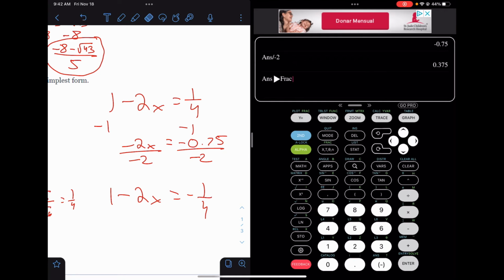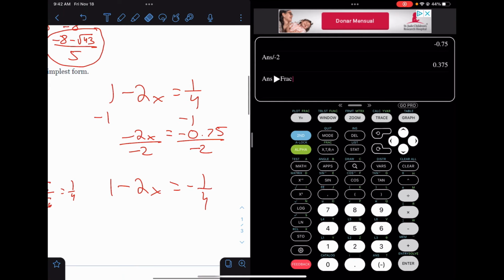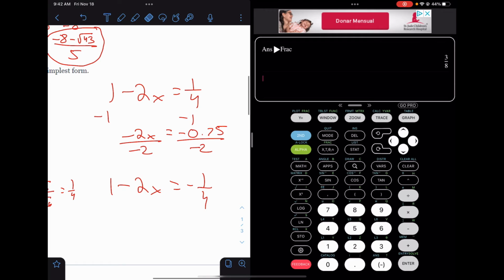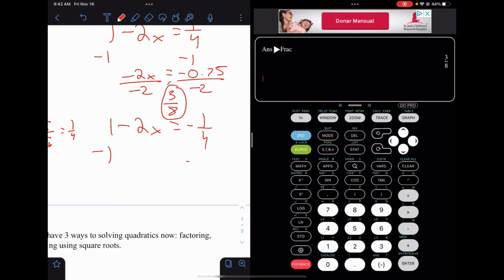All right, so now at this point we're doing 0.75 divided by negative 2. We can turn that into a fraction and we get 3/8 as our answer. All right, so that's one of our solutions, and then the next one, we've got to do minus 1, minus 1.